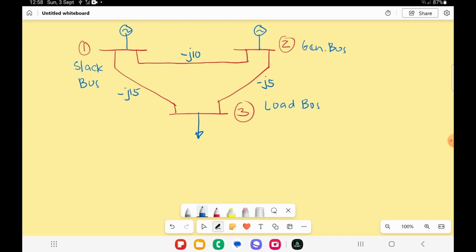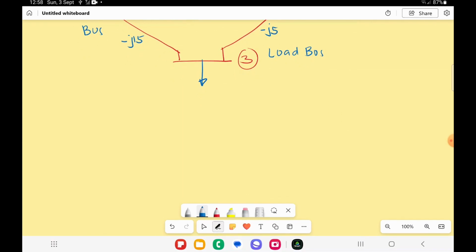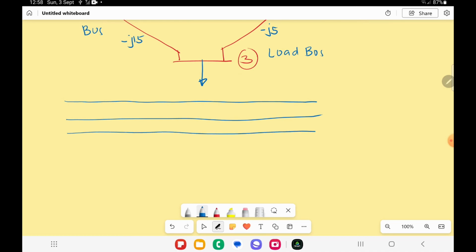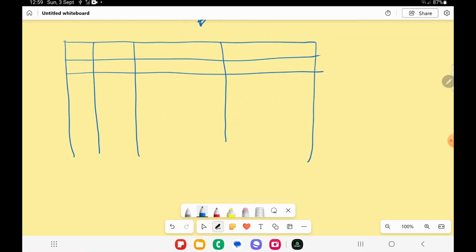So the other parameters that are given will be set up in a table so that it is more easy to see the details of all the given variables. So this is a bus number.